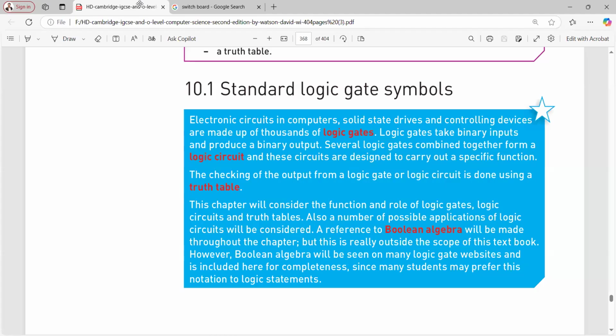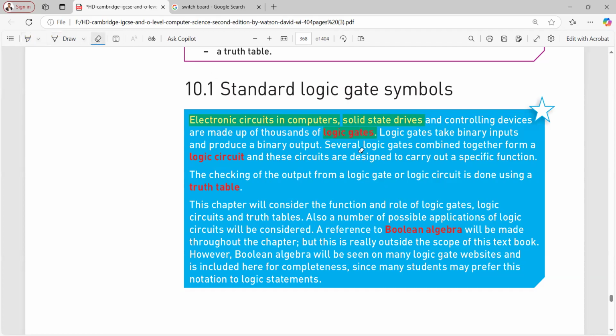All electronic circuits in the computer system, that means all of them, even include your solid state drive, hard disk drive, and other hardware as well. All of these electronic circuits are made up of thousands of logic gates.